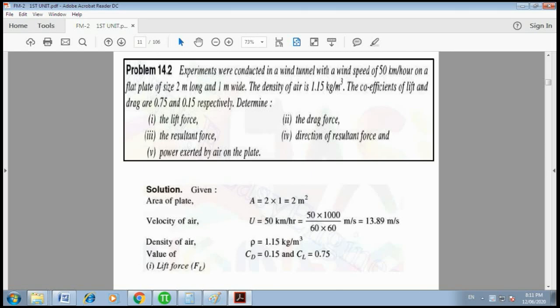For kilometer we multiply with 1000, and for hour we convert into seconds by dividing by 60 into 60, that is 3600. It comes to 13.89 meter per second. The density of air is given as 1.15 kg per m3. Then the values of CD and CL are given as 0.15 and 0.75.